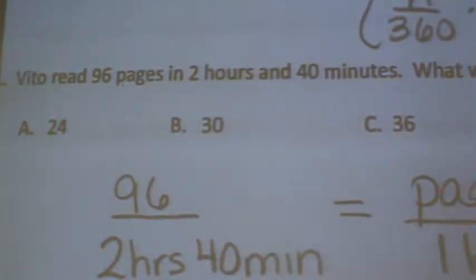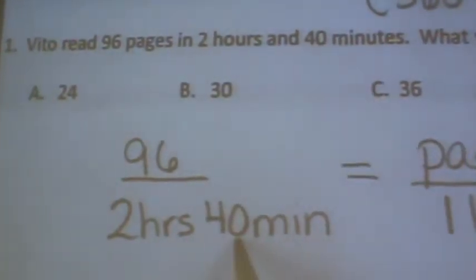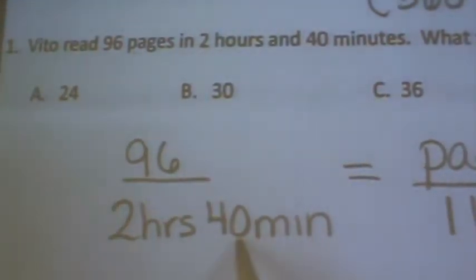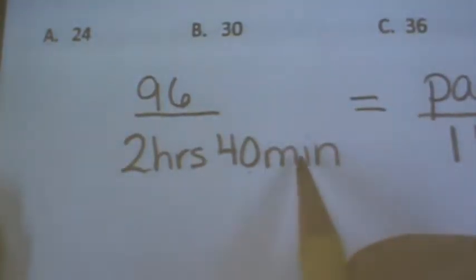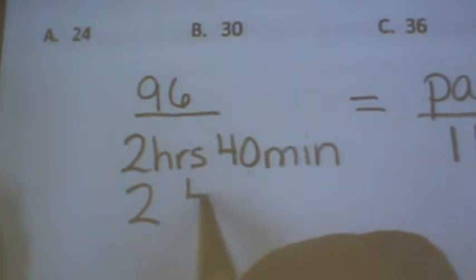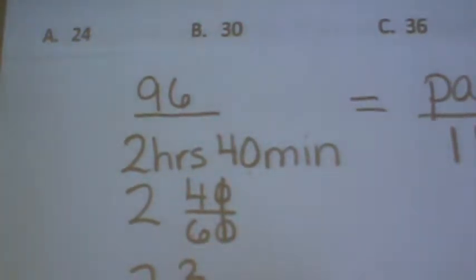So what you have to do is first convert 2 hours and 40 minutes into either a fraction or a decimal. How many minutes are there in an hour? So 40 minutes over 60 is really 2 2/3. Did everybody see that? Which is really 8/3.